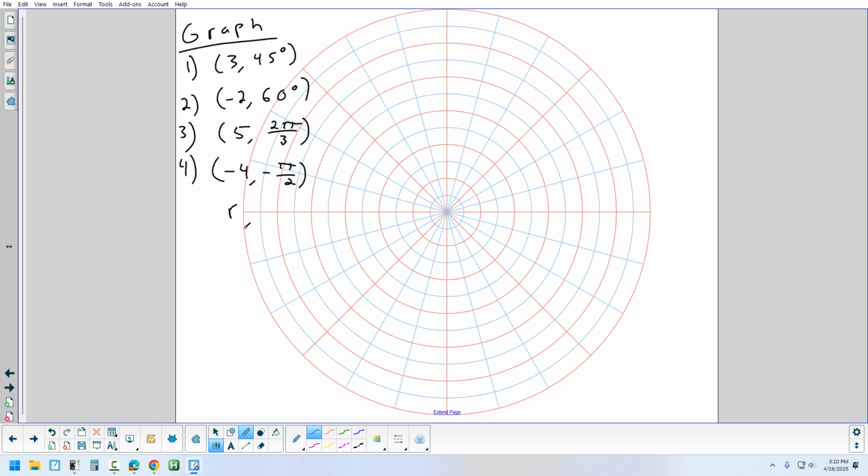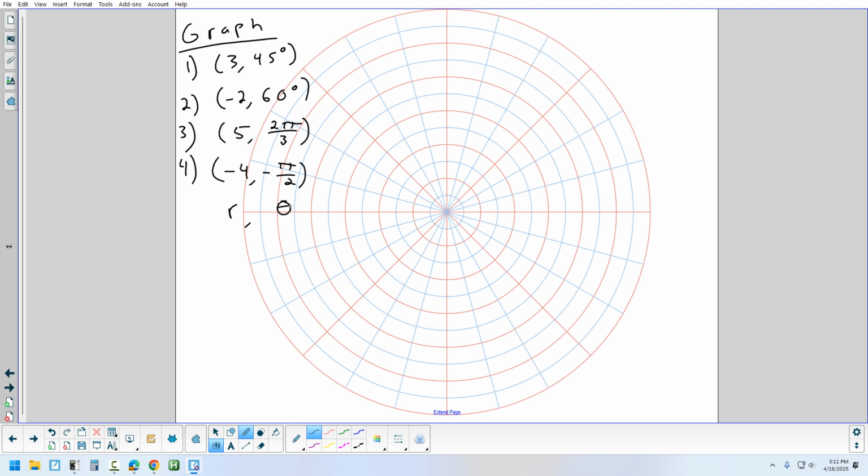What's the Greek letter we use for an angle? Theta, yep. So it's R and then theta. It's the circle with the line in the middle.